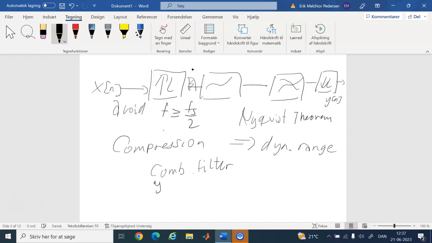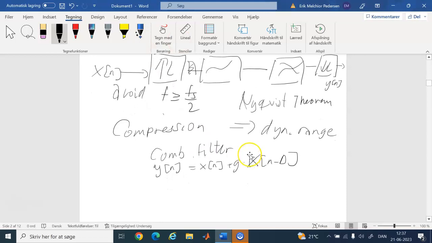We can have, for instance, a feed forward comb filter. It should be xn plus g times xn minus d, where g is a factor less than 1, and d is a delay. And we can also have another comb filter of this kind.